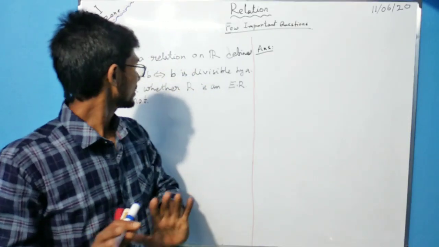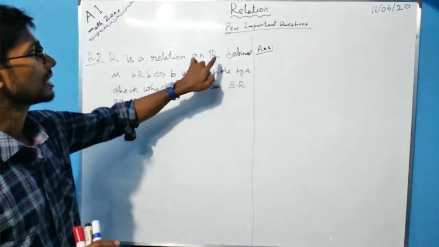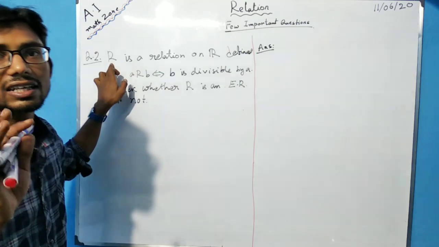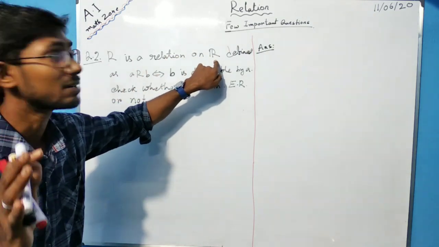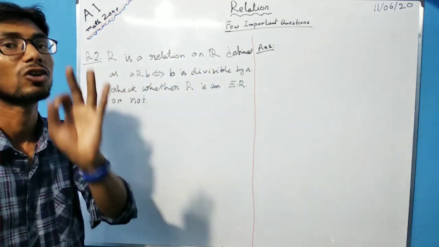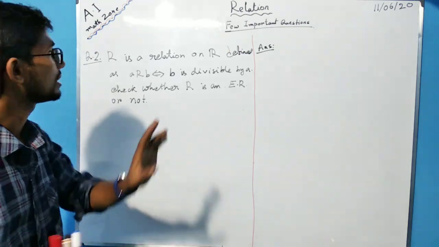And the next question is, R is a relation on ℝ. See here, this is the relation and this is the set of real numbers. These two are not same, right?